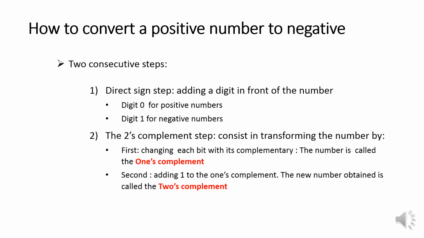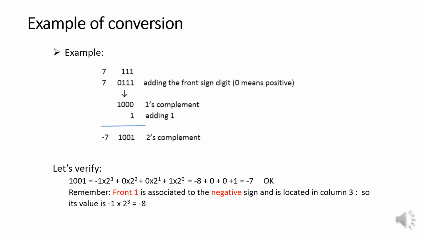Let's see an example. Let's see how to convert the number 7 into negative. 111 is the number 7 in binary. The first step is to add a 0 in front, because the number is positive. The second step is to change each bit by its complement.